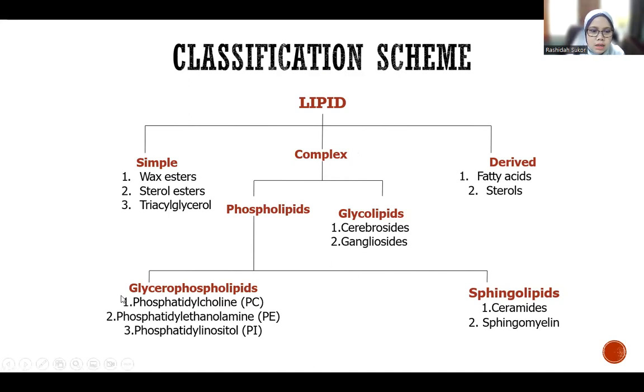Phospholipid has glycerol phospholipid and sphingolipids. Examples are phosphatidylcholine, phosphatidyl ethanolamine, phosphatidyl inositol. These are all examples of phospholipid. Then we have sphingolipids, ceramides, sphingomyelin. These are components of phospholipid. And then other than this phosphor group, we also have the glyco group, for example cerebrosides and gangliosides. These are all under the category of glycolipids. So these are the general classification of lipid.